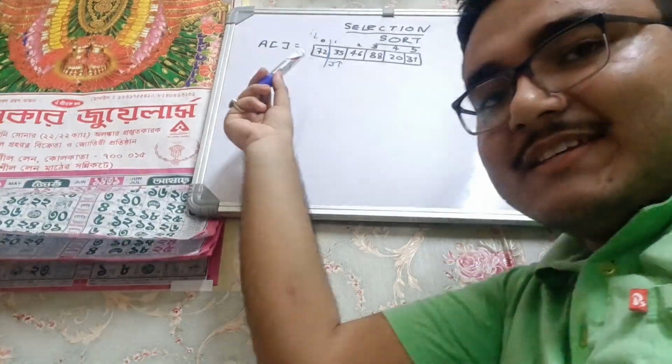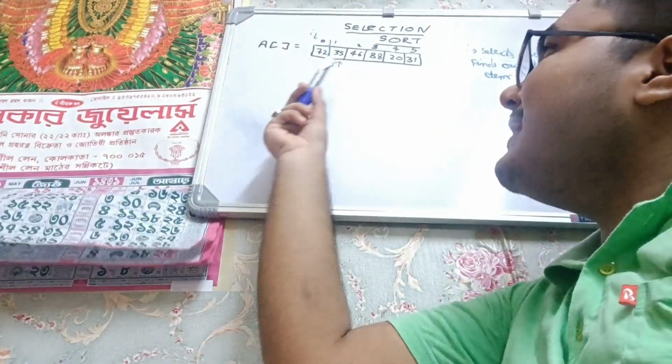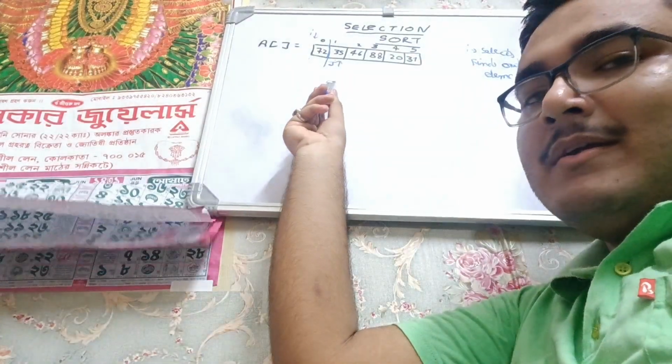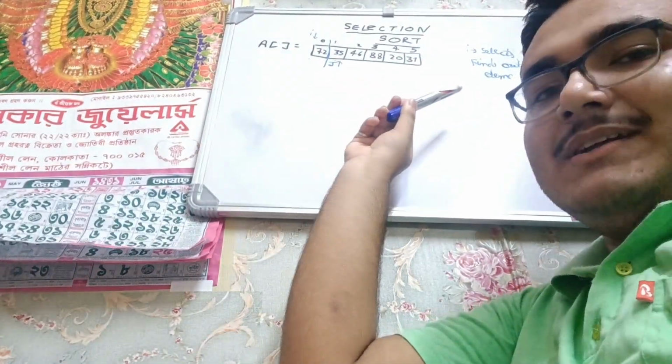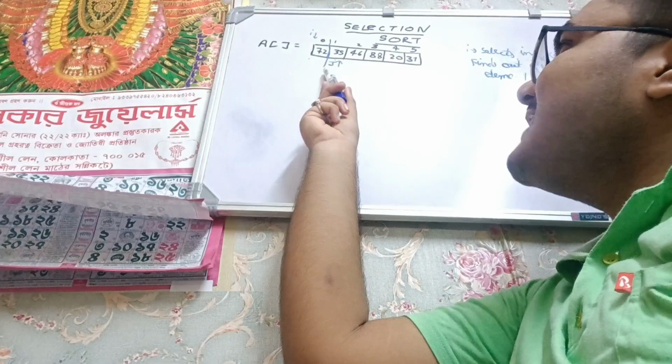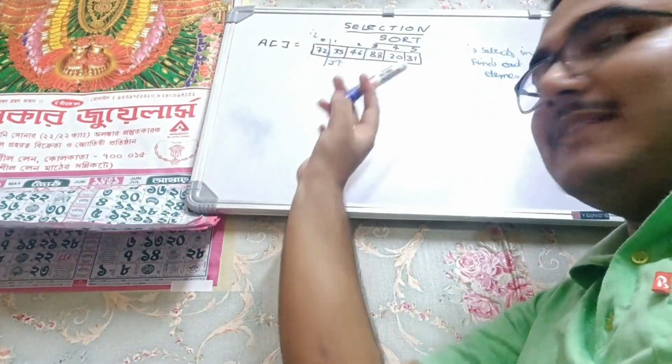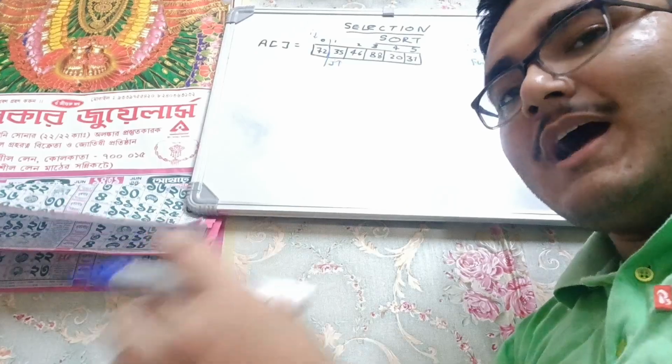It selects each index one by one, and this j will compare each of the elements, find out the best element and place it in that index. So let us see how it works.